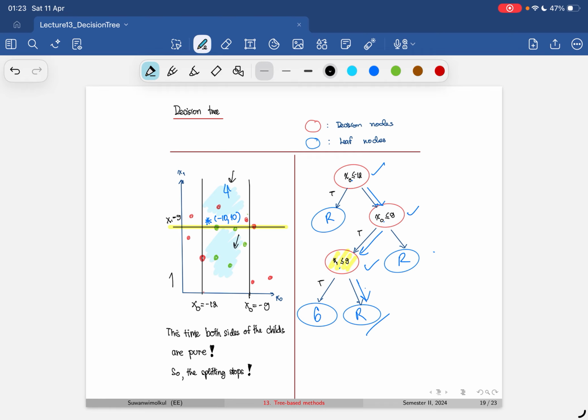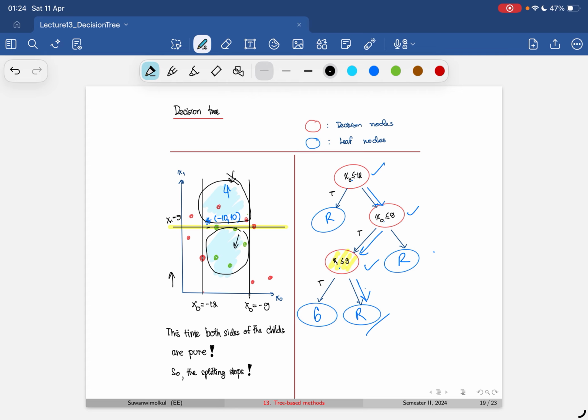All you do is maybe go along x1, and it turned out that if you move this up a little bit, until about here, you can split it into two regions where one region is all red and the other region is all green.